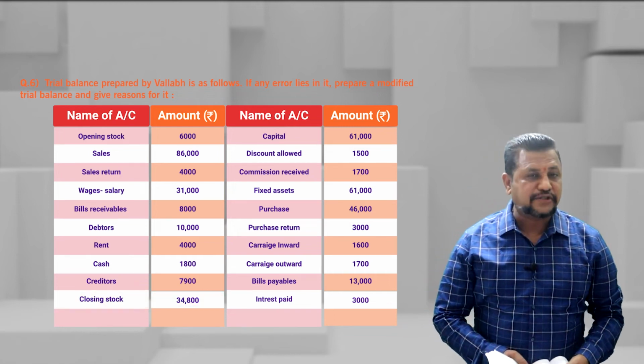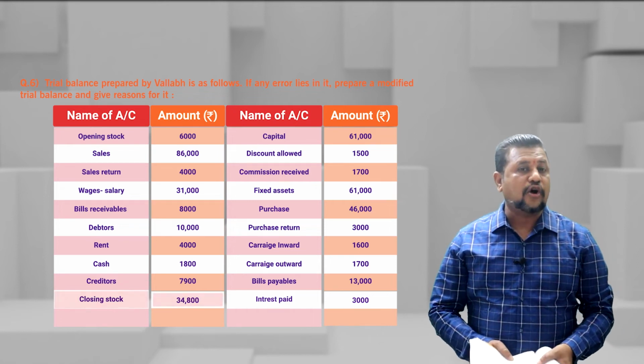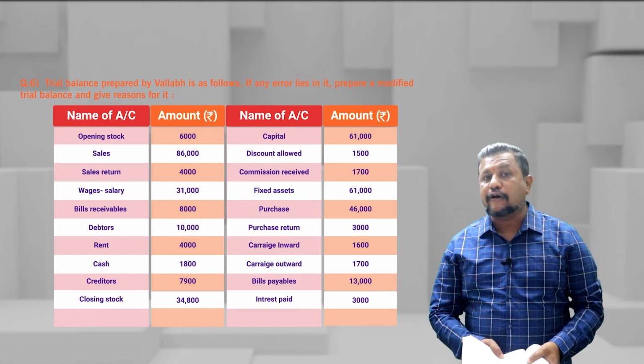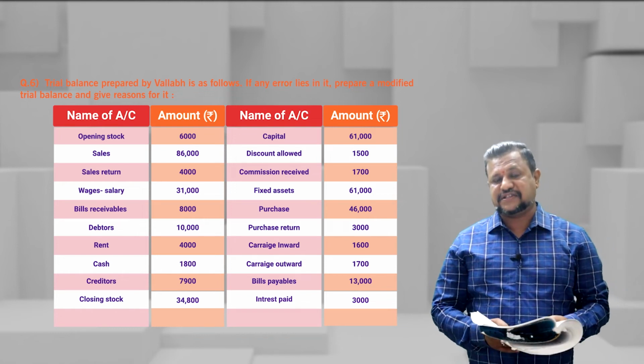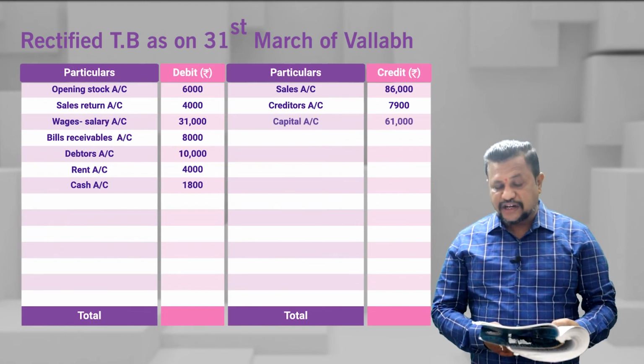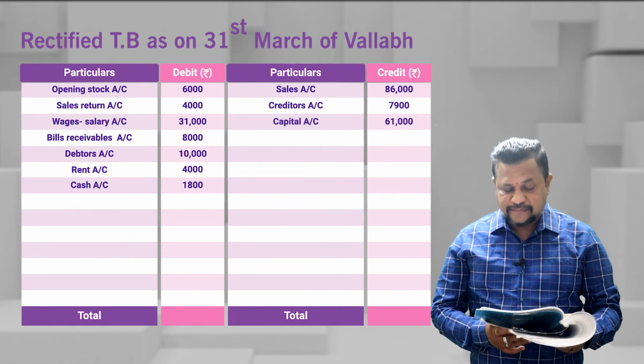So do remember students that closing stock will not be included in the trial balance since it is a part of adjustments. Well, credit side, capital will come on the credit side 61,000.